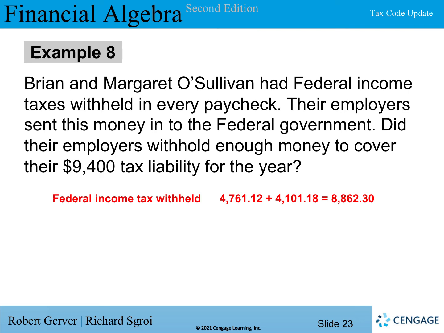Well, if we look back at their W-2 forms, we see that one of them had $4,761.12 withheld. The other one had $4,101.18 withheld. So the total amount withheld from their paychecks was $8,862.30.